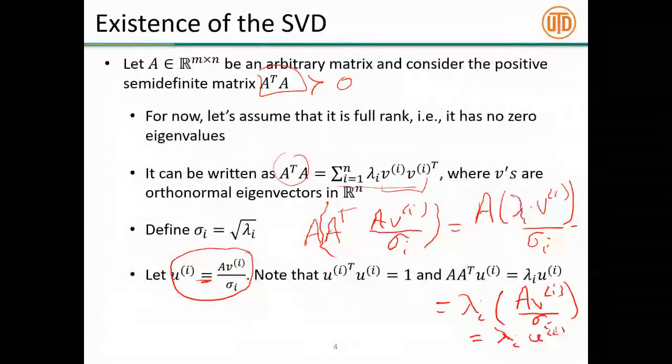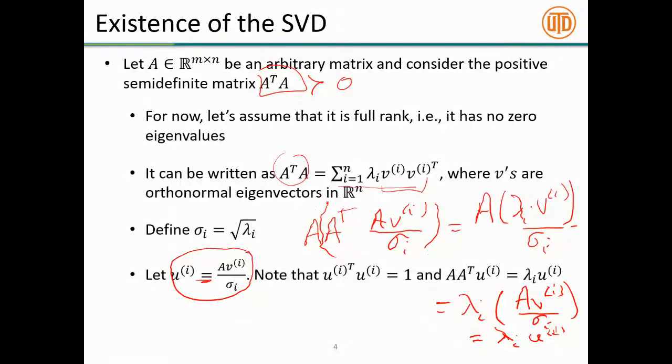So what we've got so far is orthonormal eigenvectors V of A transpose A with corresponding eigenvalues lambda_i. What we just did was show that if you give me the eigenvectors of A transpose A, I can construct the eigenvectors of A A transpose.